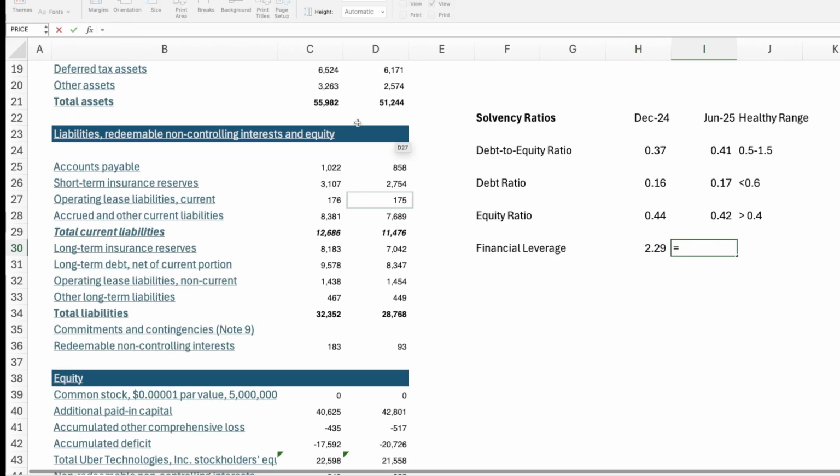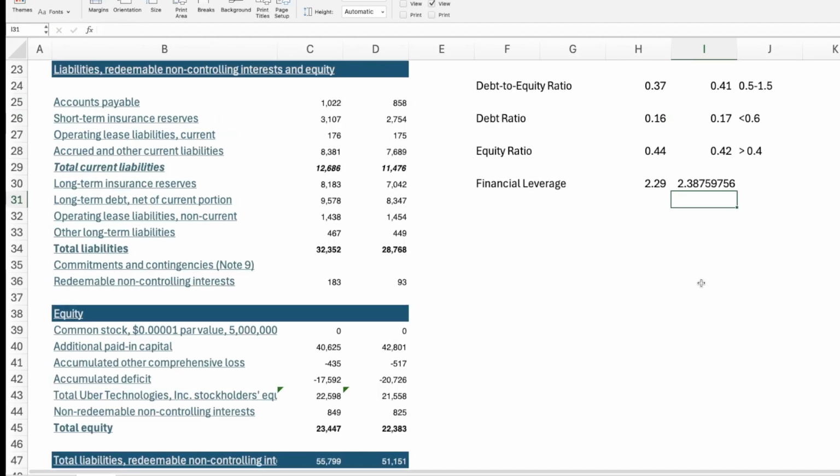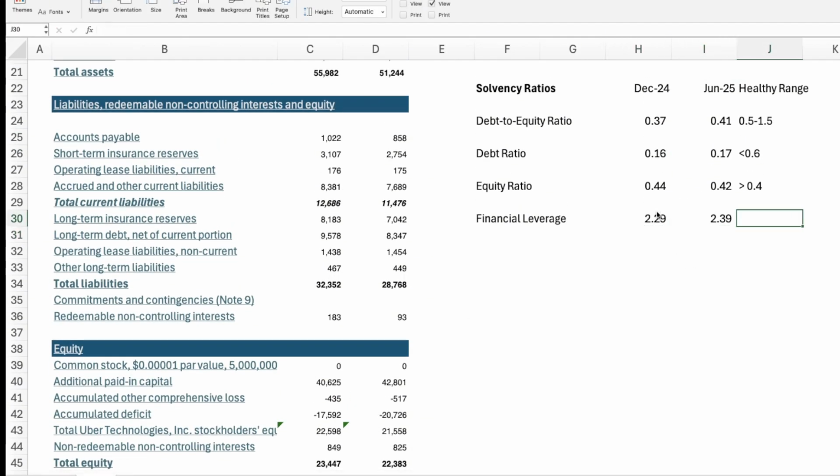Do the same again. There we go. Anything above 3, you'd think there was high leverage and a potential solvency risk. So 3 is risky. Uber's is going up, but it's not near there yet, so it is within the healthy range.